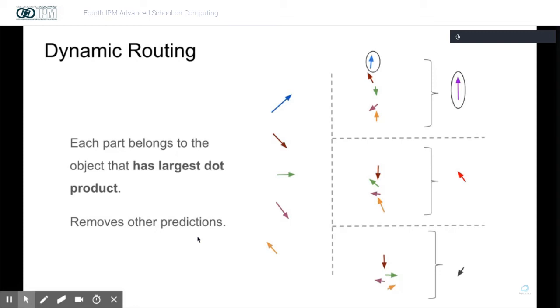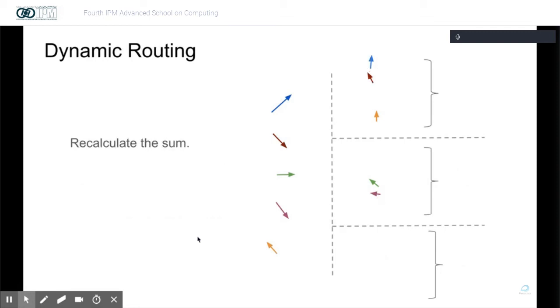Remove blue predictions for the other 2. All the 5 lower level capsules choose their parents this way based on the dot product of the predictions with the next level capsule. So we remove the predictions for the non-parent capsules, and after assignment, recalculate the sum. Since now there are fewer outliers, the next layer capsules get boosted.